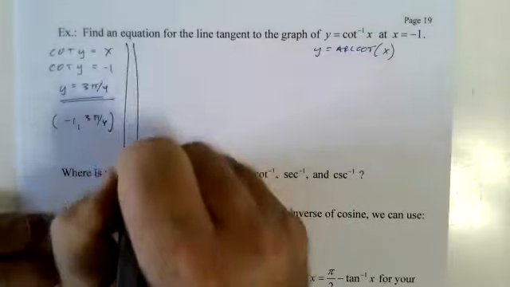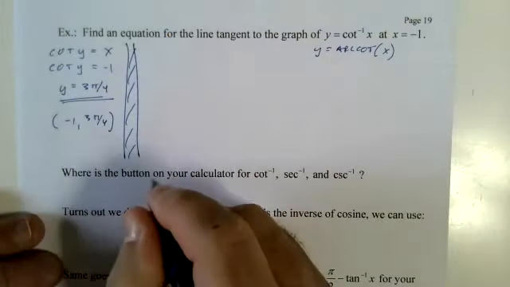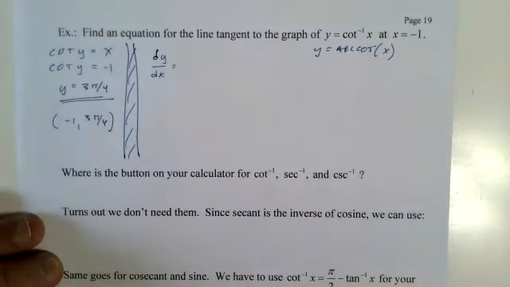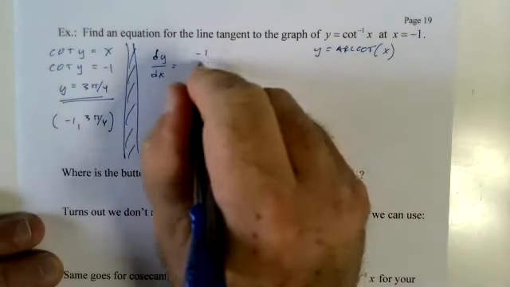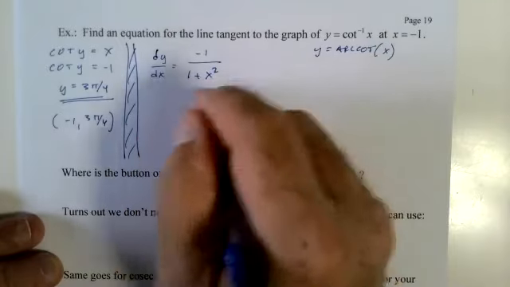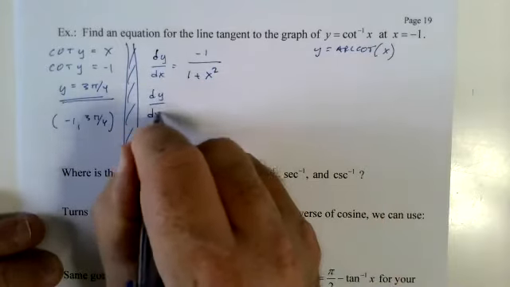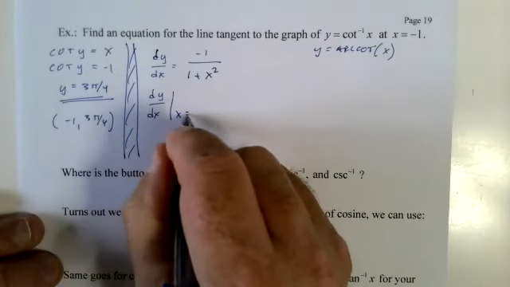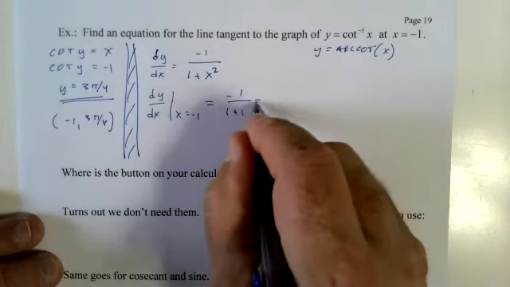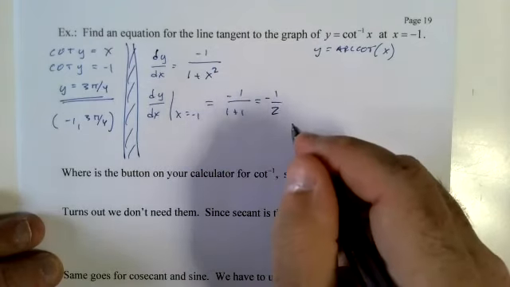And the calculus is dy/dx equals negative 1 over 1 plus x squared. dy/dx at x equals -1 equals -1 over 1 plus 1, which equals -1/2.